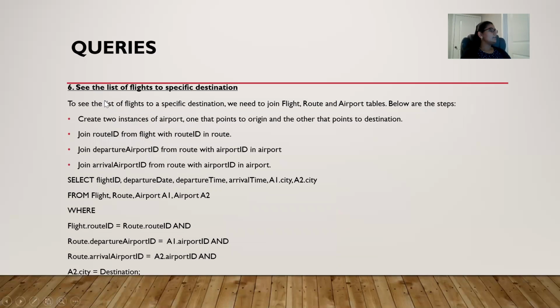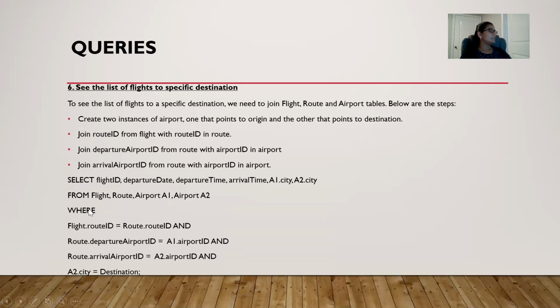The next query is to see the list of flights to a specific destination. To see the list of flights to a specific destination, we need to join flight, route, and airport tables. So first, we create two instances of airport, one that points to the source airport or origin, and the other that points to destination.